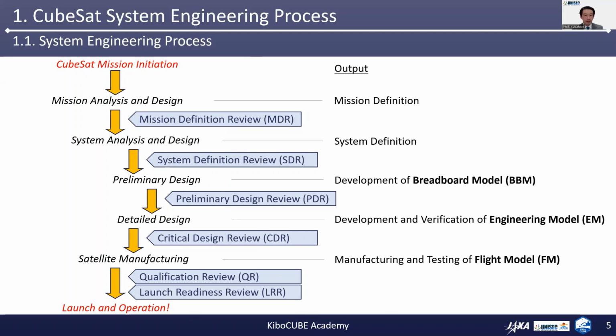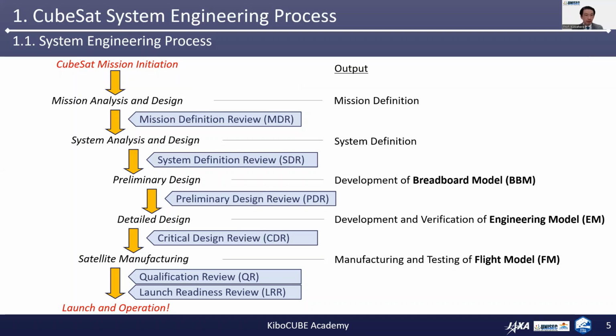The first step is the mission analysis and design activity. The output of this activity is the mission definition of your CubeSat project. The contents of the mission definition are reviewed by way of a mission definition review, also known as MDR. If the project passes the mission definition review, then the project proceeds to the next step.